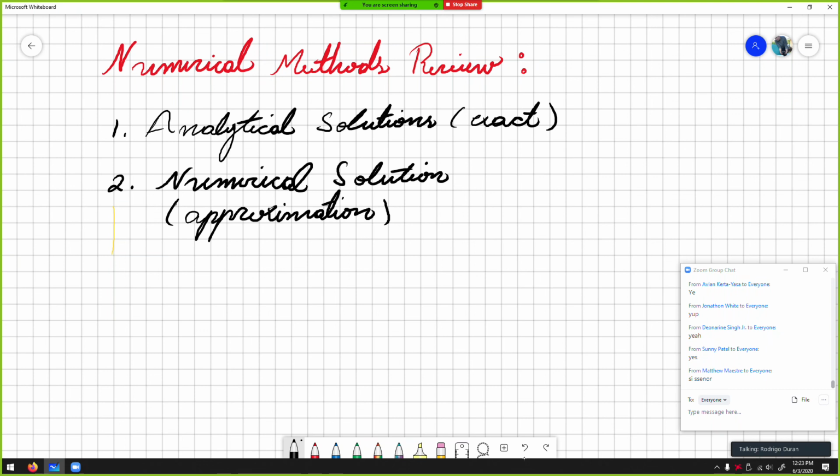But one thing that as engineers and scientists we have come to understand is that our numerical approximations, while they're not exact, are extremely close to the real value so that we can implement them and make assumptions based on those values.